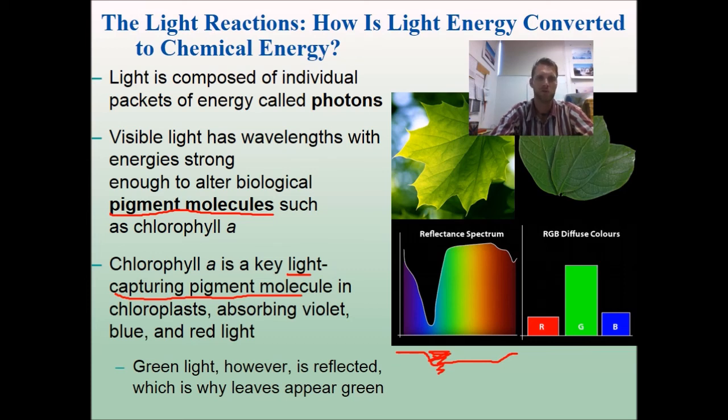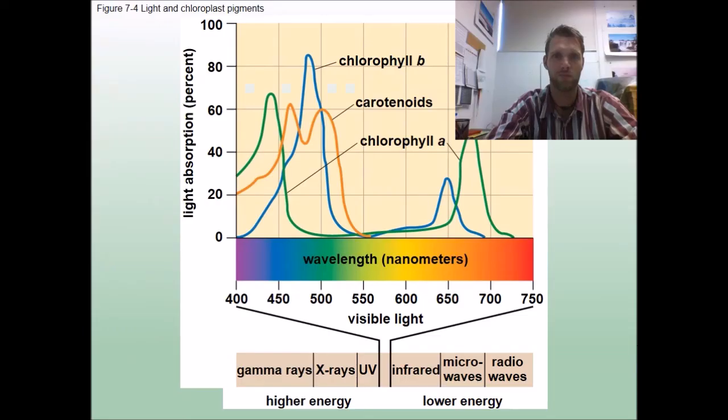There are some exceptions. There are certain trees that have red leaves. That's because they have other pigment molecules inside that give them a red impression. Okay, here you can see the very same thing. You see that all kinds of wavelengths are absorbed, and you see here that it's lower in the green area, like in this area.